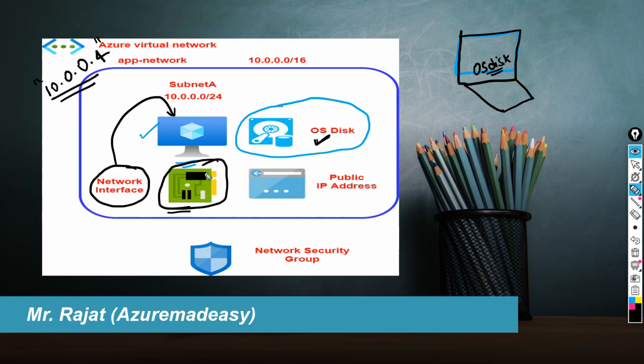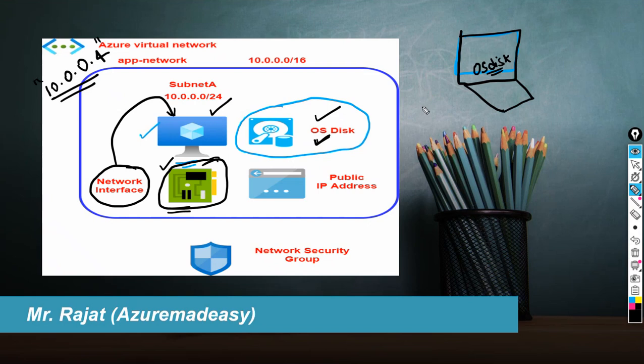So you can say I have a VM, and then I have a network interface card providing the IP address to my VM. And to host my data, that is the operating system data, we have an OS disk. So these are the components required.